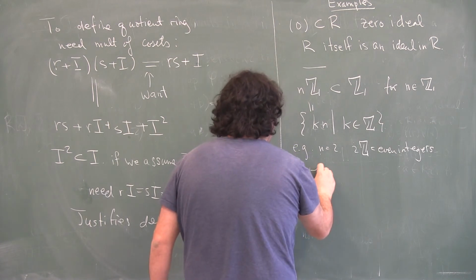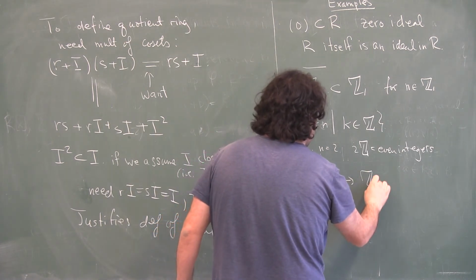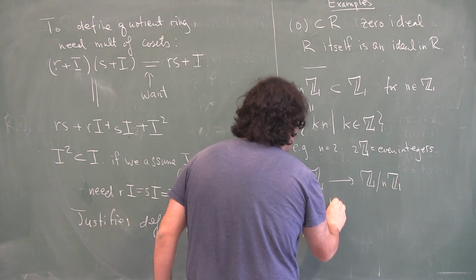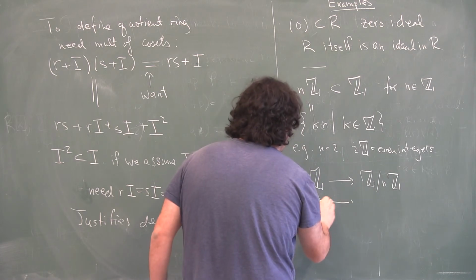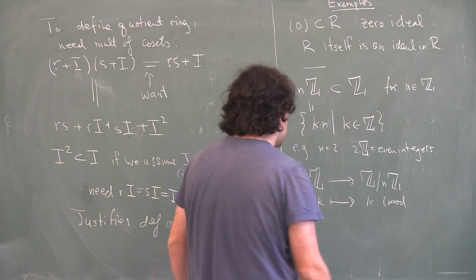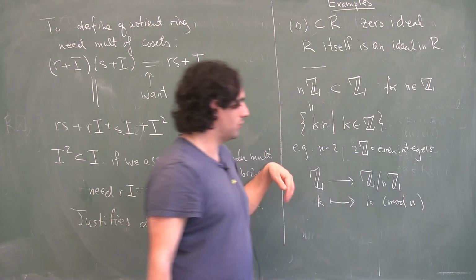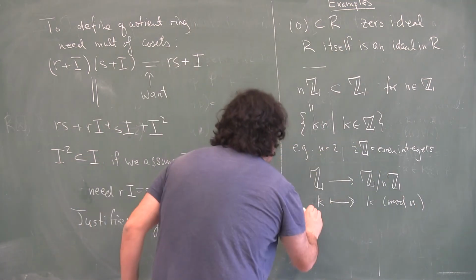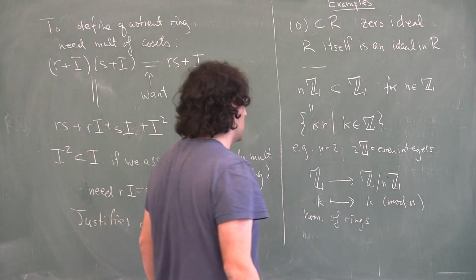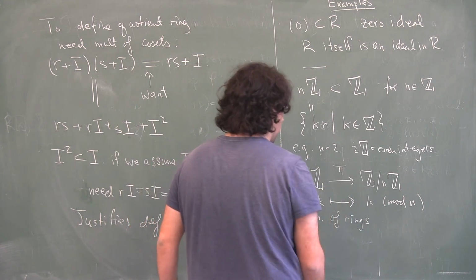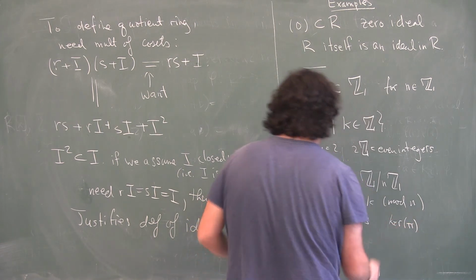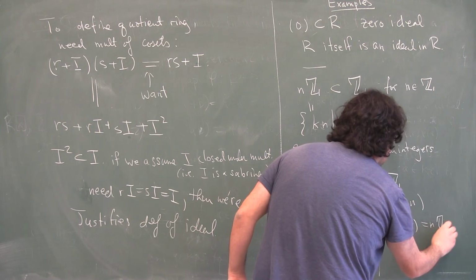The map from Z to Z mod nZ that takes an element k to its residue class mod n, in other words, reduction modulo n, is a homomorphism of rings. Let me call this pi, and the kernel of pi is the ideal nZ.